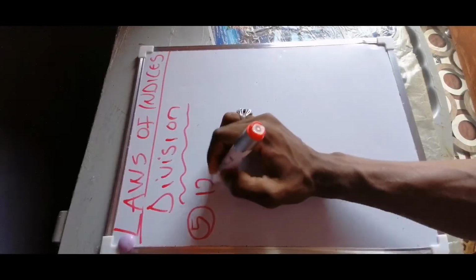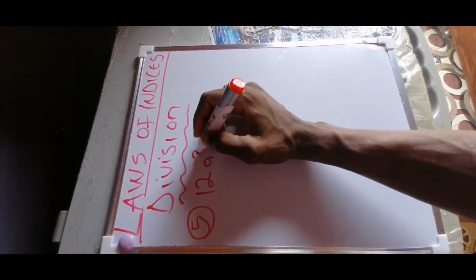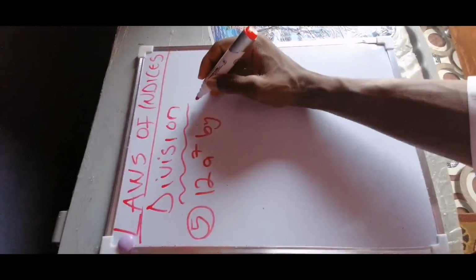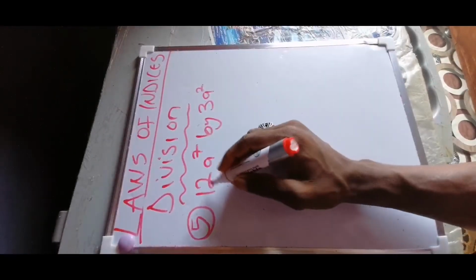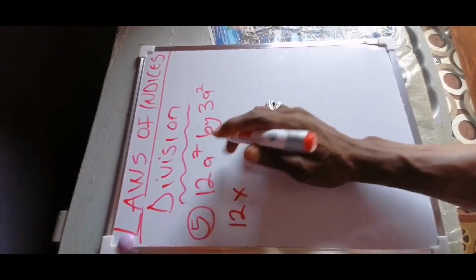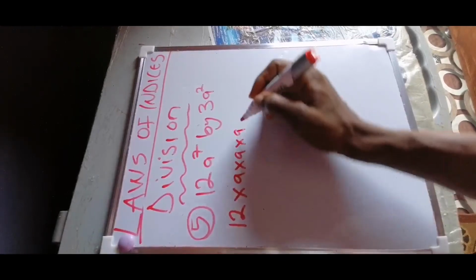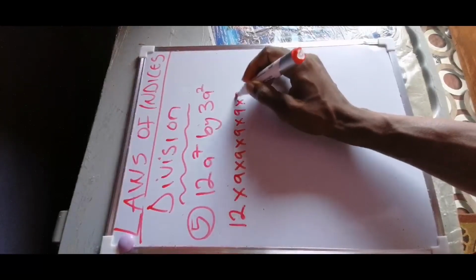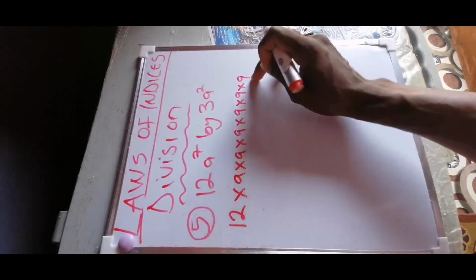The next one is 12a raised to the power of 7 by 3a raised to the power of 2. So therefore 12 times, here we have 7 a's: a times a times a times a times a times a times a. 1, 2, 3, 4, 5, 6, remaining 1 a, times a.